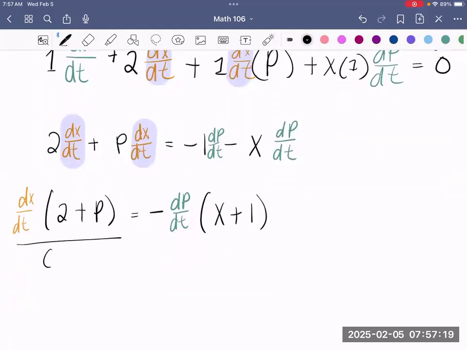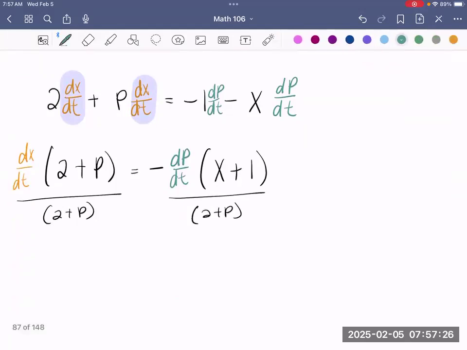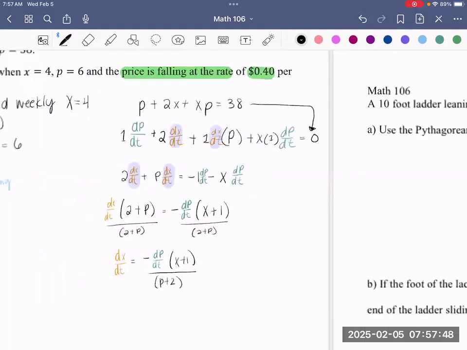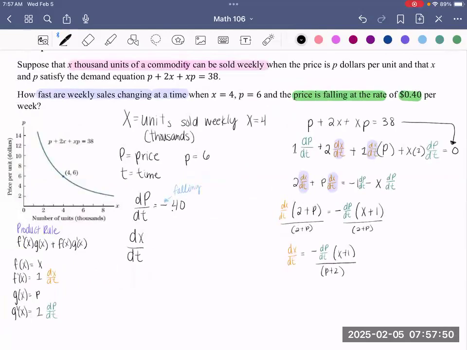Let's go ahead and divide. So we should get dx dt is equal to negative dp dt times x plus 1 over 2 plus p, or p plus 2. So that is your dx dt.